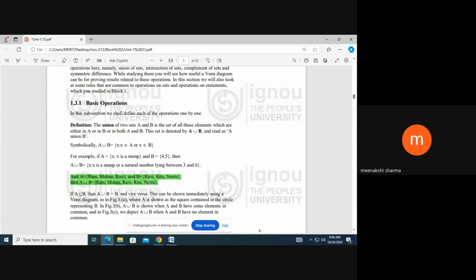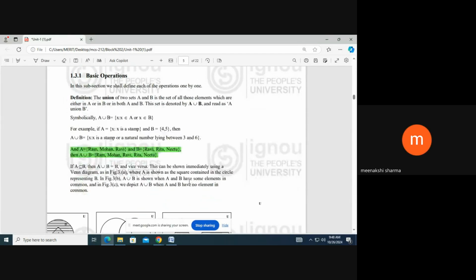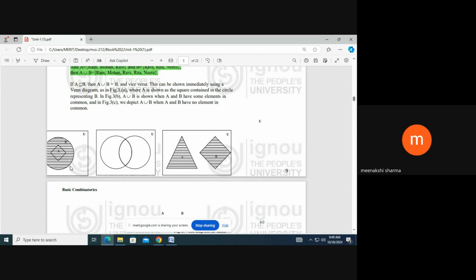Read this green word. Yes, got it. What is this, student? Very good. Then there is an example. It's a Venn diagram, the union circle. This big box is the universal set.